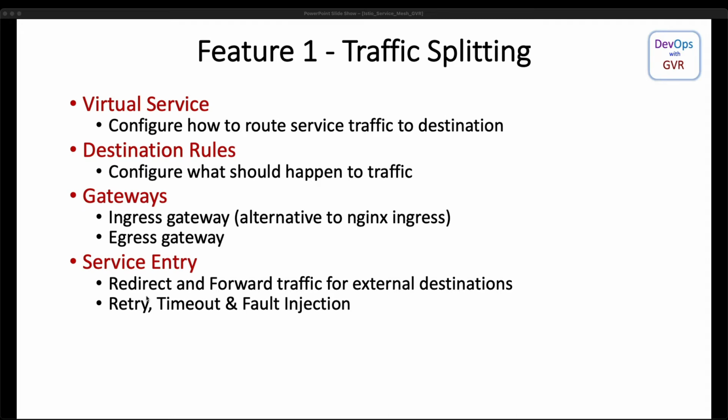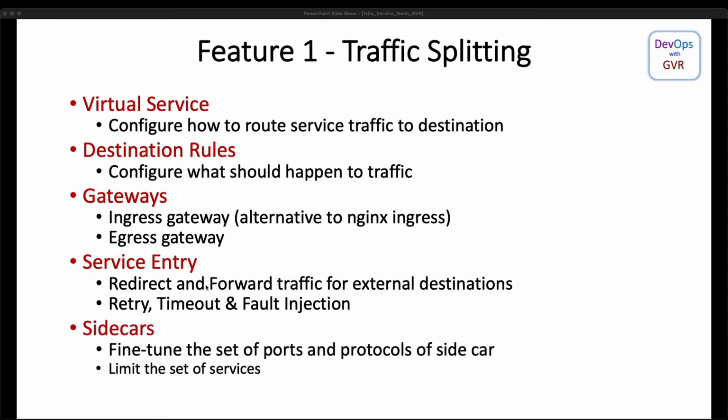Maybe you can specify that if I get a request to the v1 service, then automatically route it to v2, or to some newer version. And you can set the retry, timeout, and fault injection. All these things you can configure.